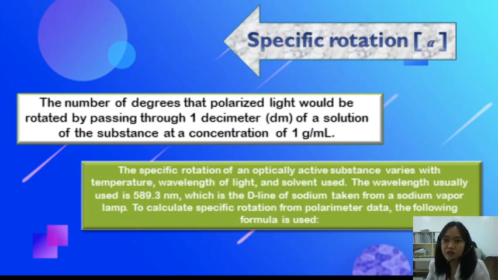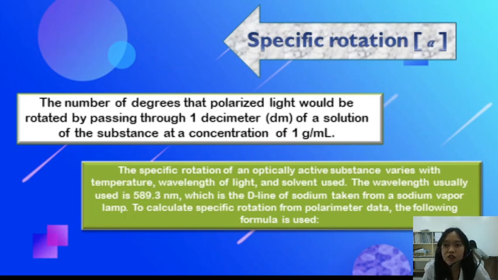So, the specific rotation of an optically active substance varies with temperature, wavelength of light, and solvent used. So, you can use different types of solvent when you are preparing the solution of your active substance. Okay, so yung effectivity of the substance in rotation of your plane polarized light depends on the temperature of the preparation, the wavelength of the light that you're using and also the solvent you've used to dissolve your active substance.